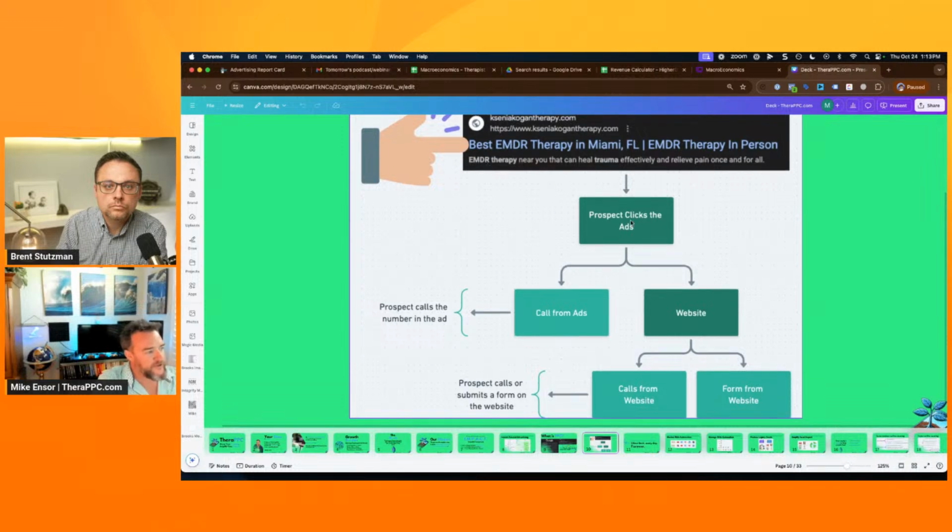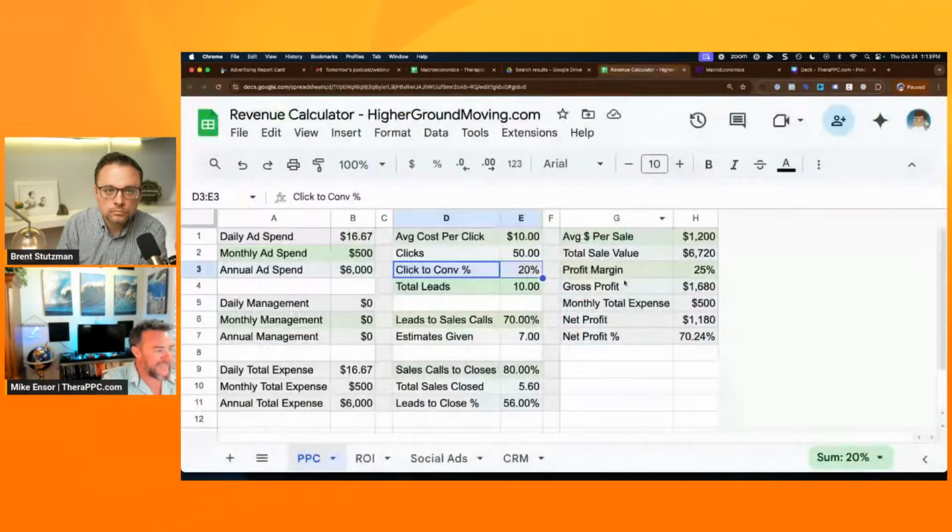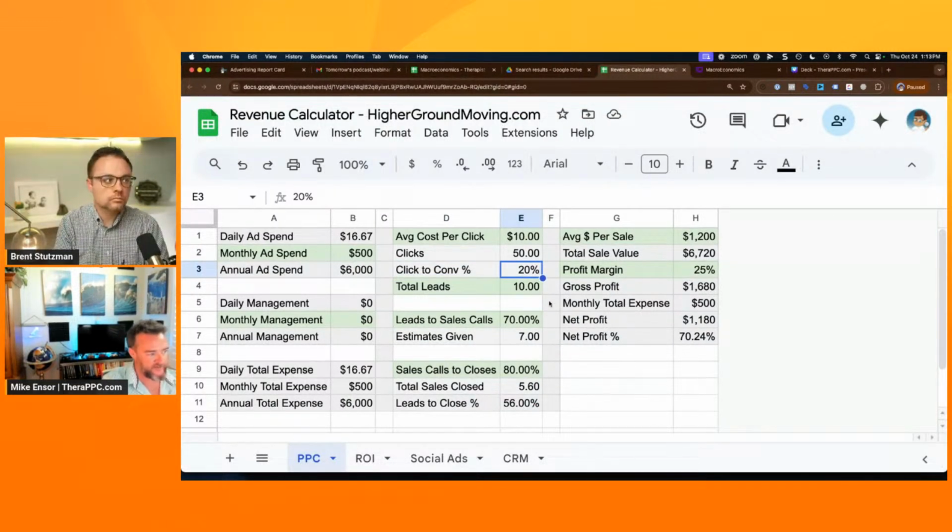How many times someone clicks your ad versus how many times somebody calls or submits a form. That's going to be your conversion rate. How many people called you or submitted a form after they clicked your ad? So if you had 50 people click your ad and you had 10 people fill out a form or a phone call, that would put your conversion rate at 20%.